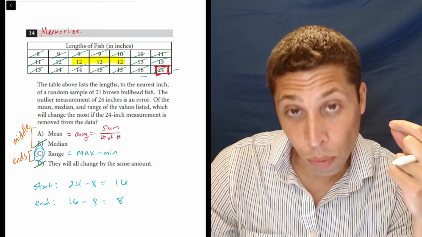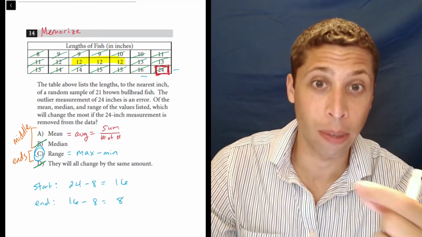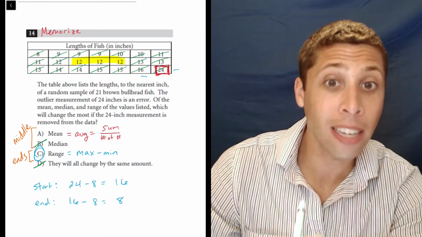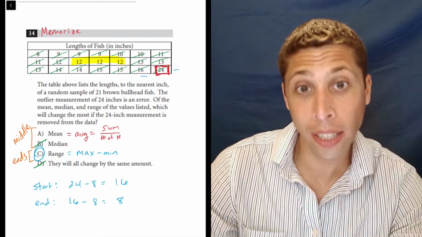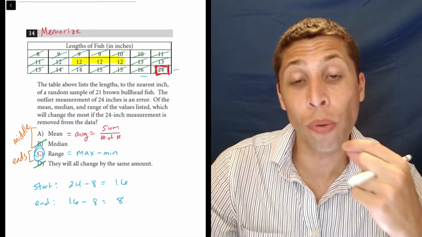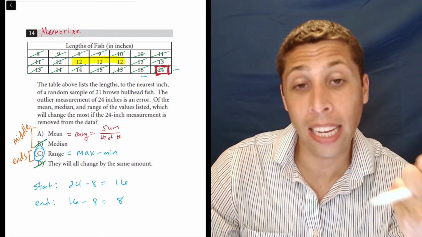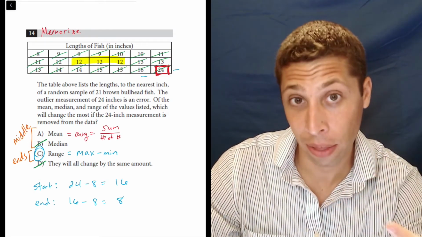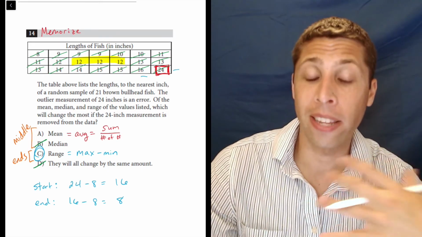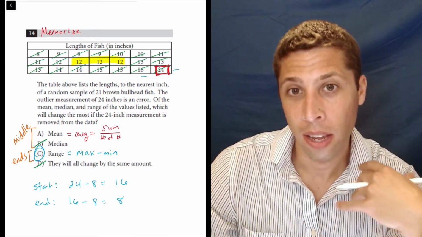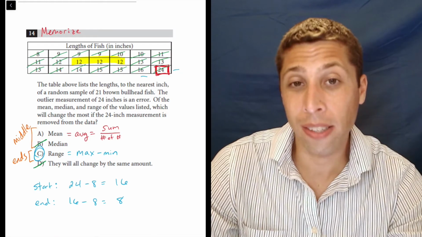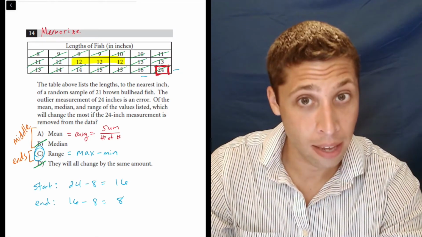So the range from the start was looking like it was going to be the answer because they're talking about the end of the data. The range involves the end of the data, and that is a link that's going to show up in the math. If you are confident in the definitions of these things, then those kinds of shortcuts are okay.